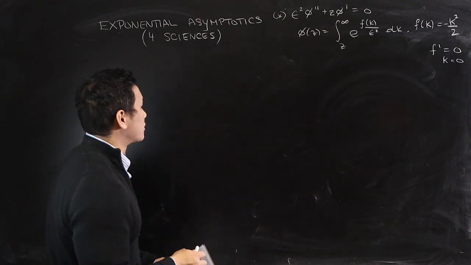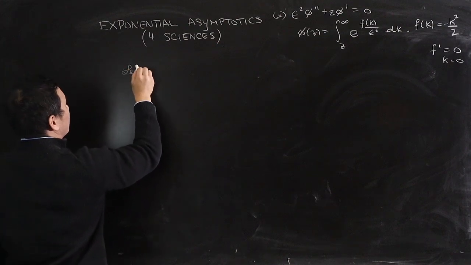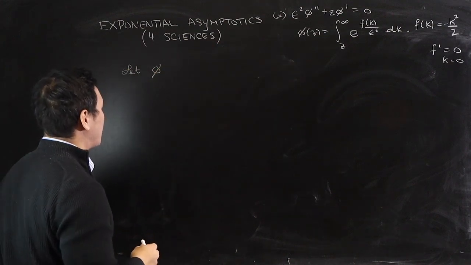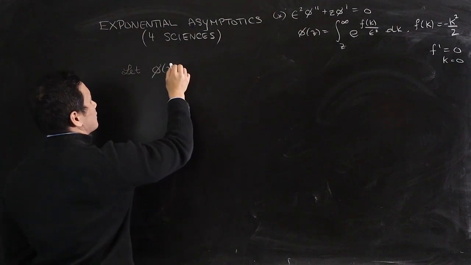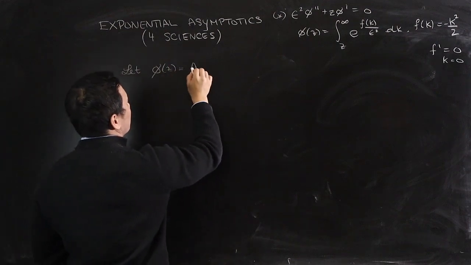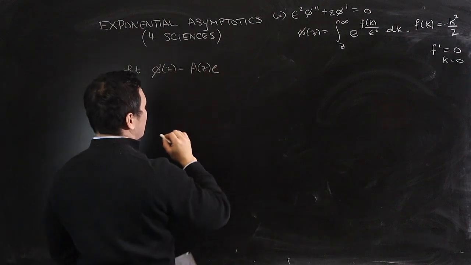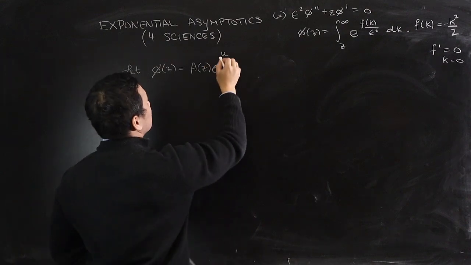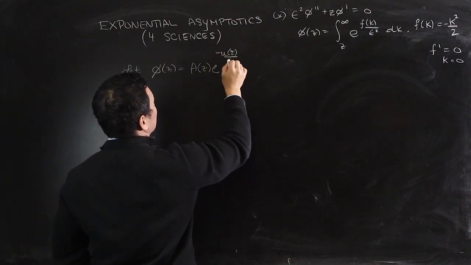So what we're going to do is we're going to let, this is what's called a Liouville-Green or a WKB ansatz. So we're going to let this be an unknown function a of z, e to the, I think I use u's in the notes, and I use minus u of z over epsilon squared.